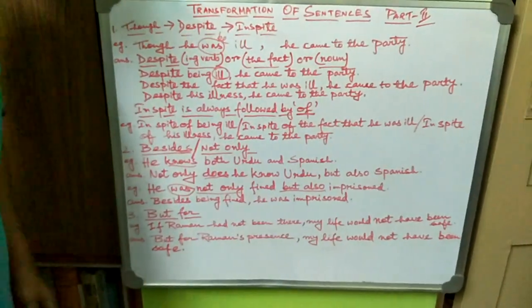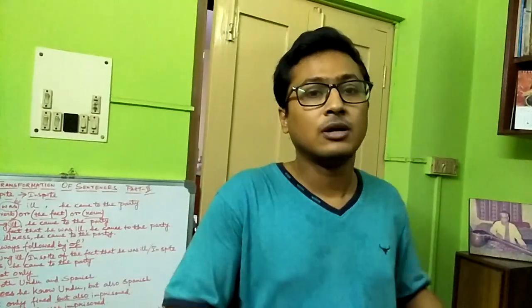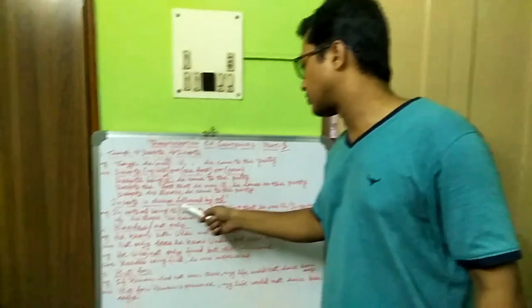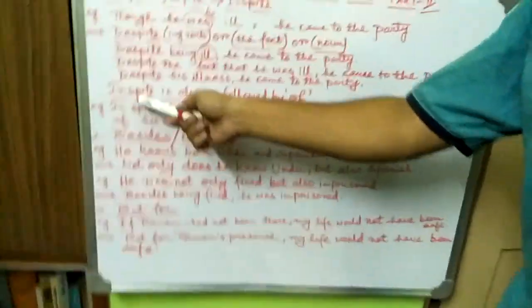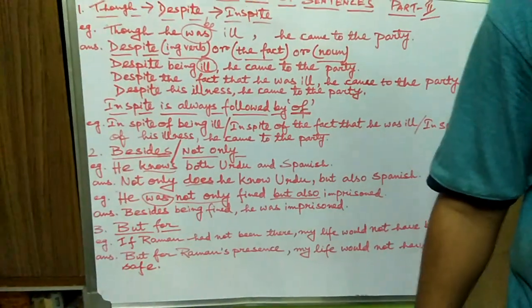Next, in spite. Now it's a very important thing. Despite and in spite are used in the same manner in a sentence. There is no difference between the use of despite and in spite. The only difference is that in spite is always followed by of, and despite is never followed by of.